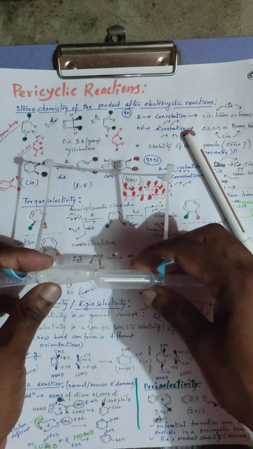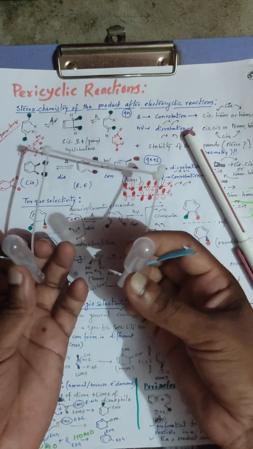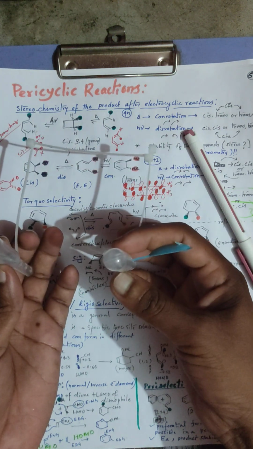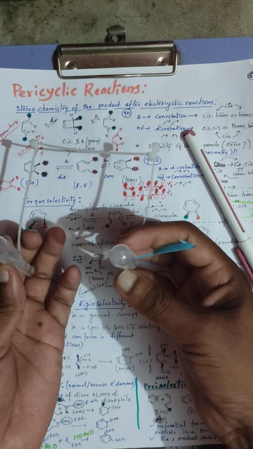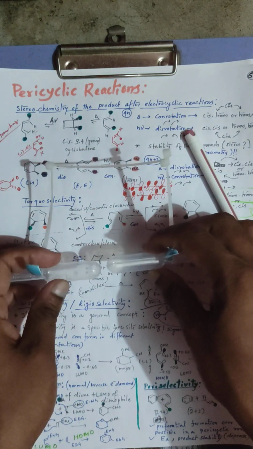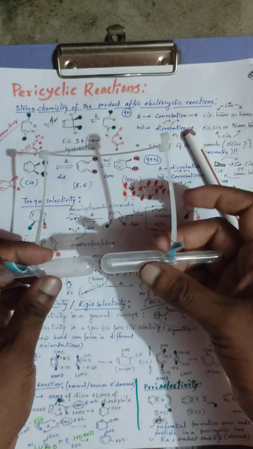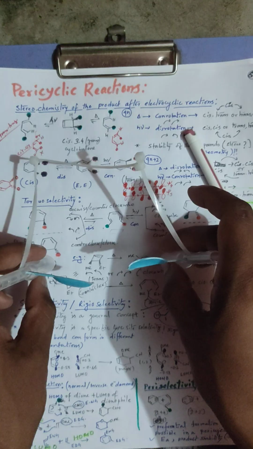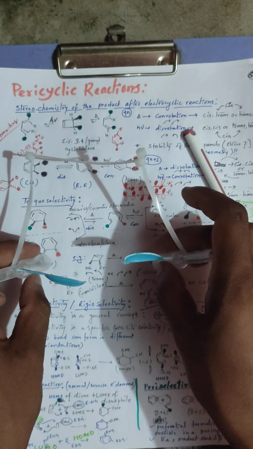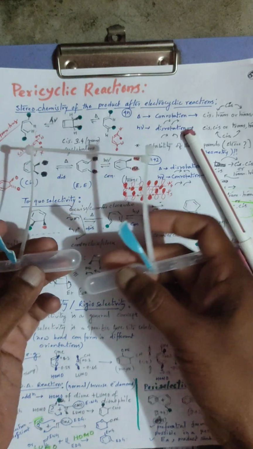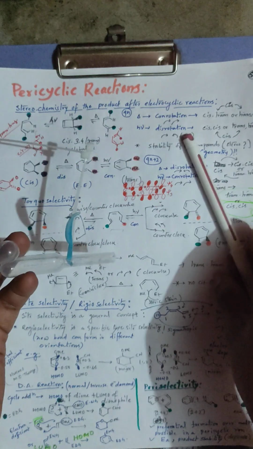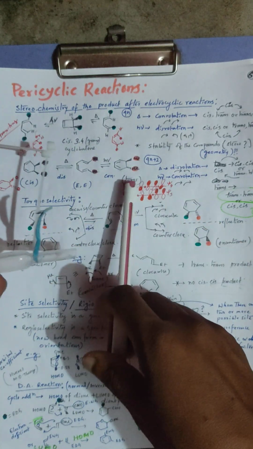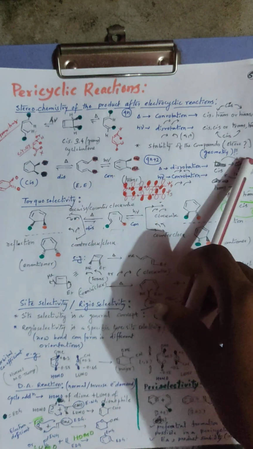Either one opens clockwise and the other anticlockwise, giving the trans conjugated diene system, or if one follows the counterclockwise motion, the other follows the clockwise motion, it gives the cis product of the 1,3-butadiene system. But the product formation all depends on the stability of the product, and it follows the geometry.